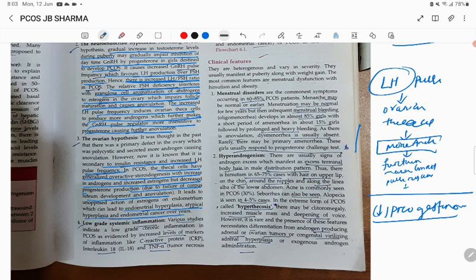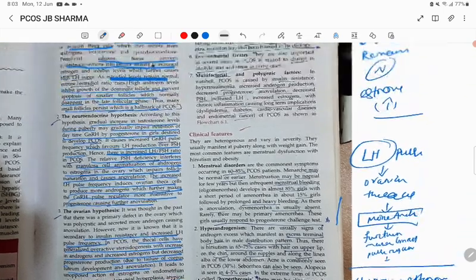Then the fourth is low-grade systemic inflammation. Various studies indicate low-grade chronic inflammation in PCOS, as evidenced by increased levels of markers of inflammation like C-reactive protein, interleukin 18, and tumor necrosis factor alpha.